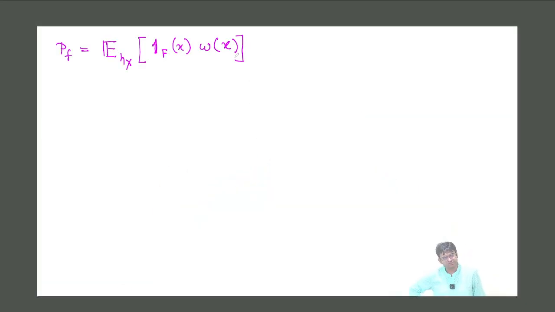This is exactly what it is doing. It is now drawing samples from a distribution H, which potentially will allow more failure points. And because of that, you will think, okay, but 10 to the power minus 15. Because of more failure points, I perform 100,000 simulations and I got 5 failure points, right. So, my probability of failure is 5 by 1000. How is my result 10 to the power minus 15?